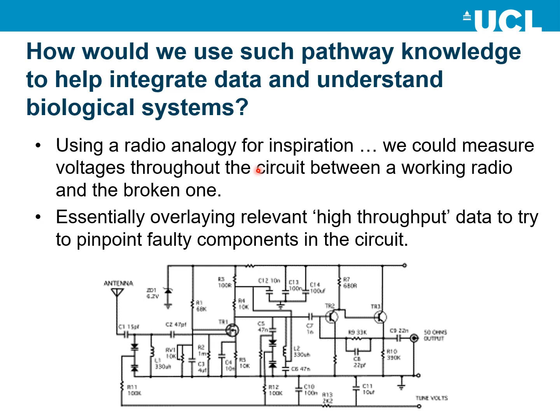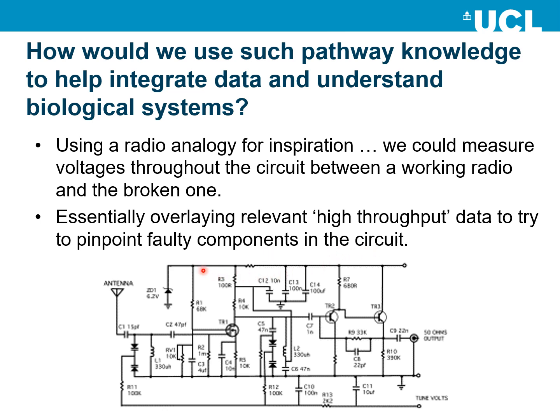The analogy to omics data, high throughput data, would be measuring all the voltages throughout the circuit between a working radio and a broken one. That's essentially overlaying relevant high throughput data, voltages, to try to pinpoint faulty components in the circuit.